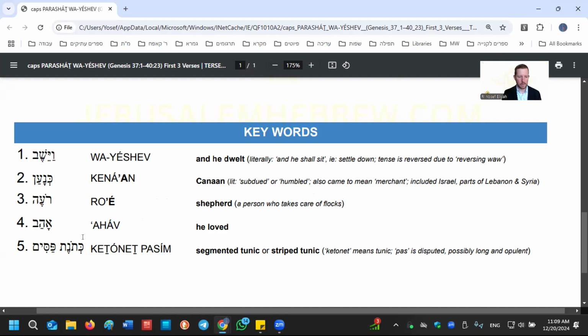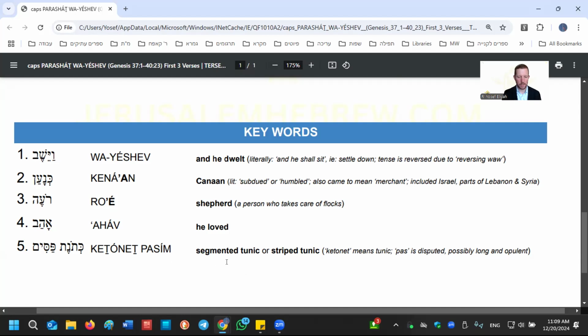Kethoneth Pasim, one of the most famous terms in the Bible, and ironically or not, it is also one of the most disputed terms among linguists and commentators of the Bible as to what pasim means.